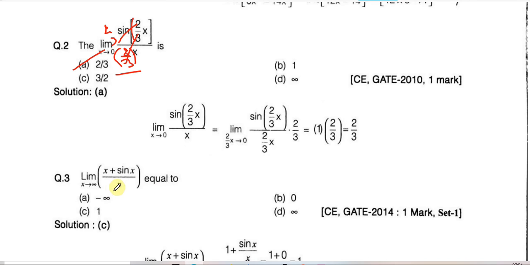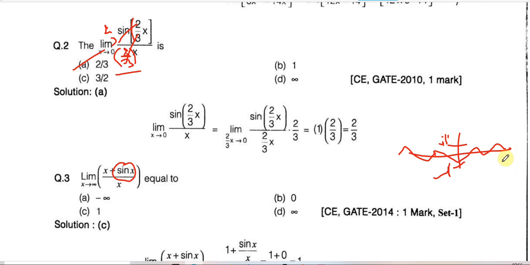This problem has x approaching infinity. Listen, keep this in mind: if sin x is there, you know the graph of sin x, whatever the value of x, it only takes values from minus 1 to plus 1.